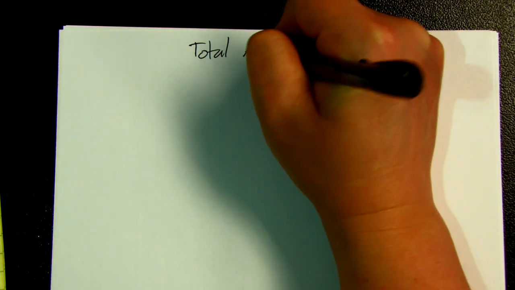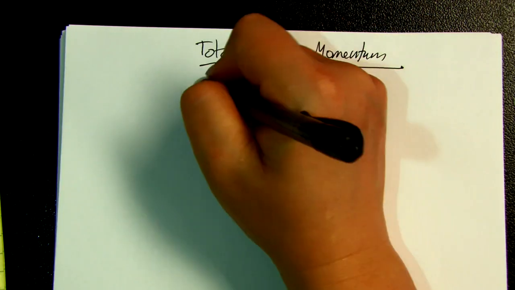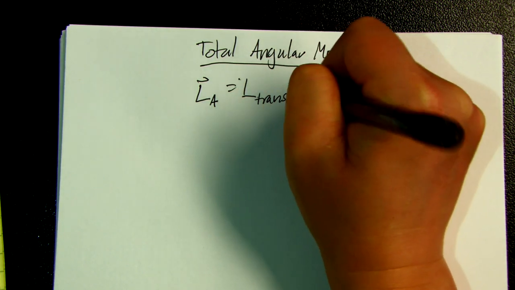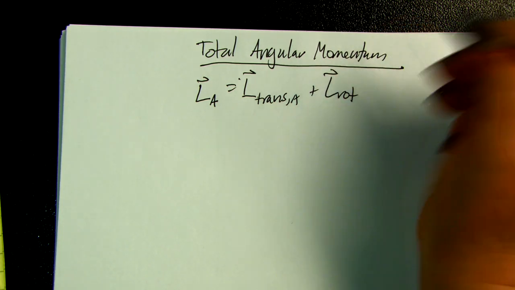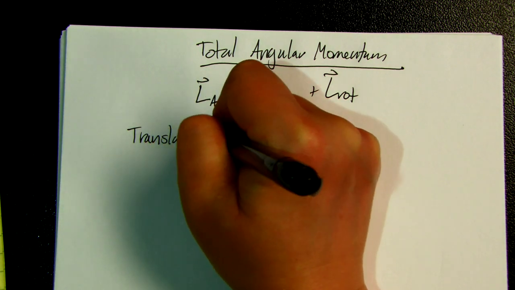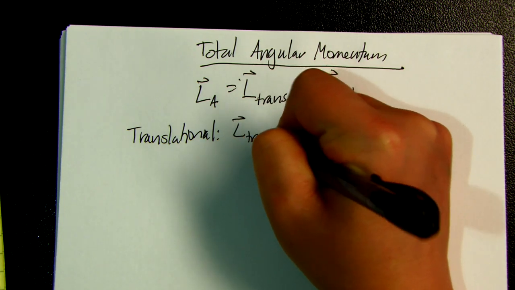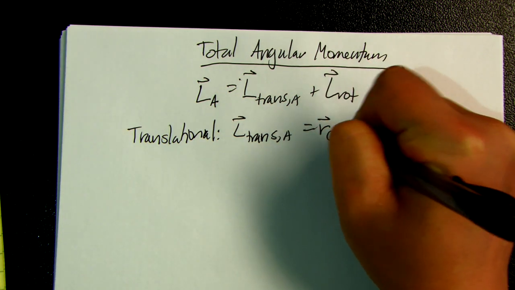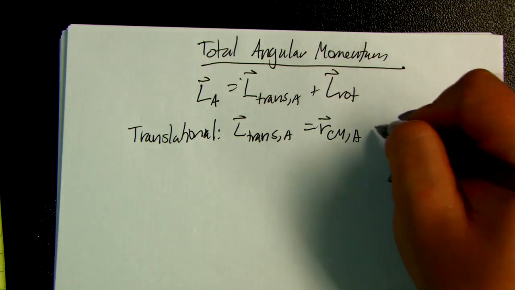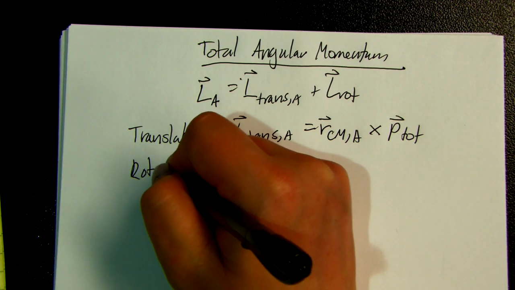So total angular momentum L_A is equal to L translational A plus L rotational, and translational angular momentum is calculated L translational A is equal to the vector from the center of mass to point A that you're looking for the angular momentum with respect to, cross the total momentum.